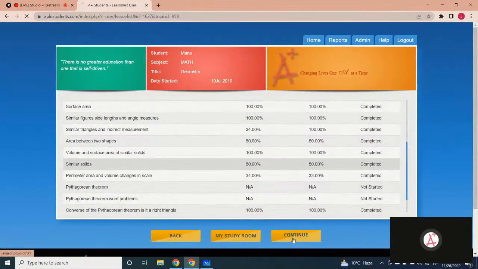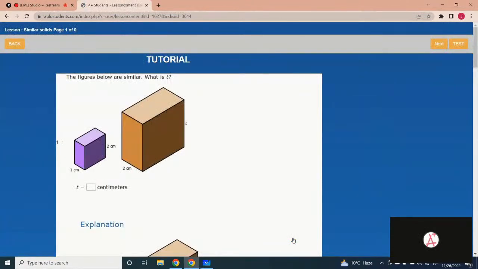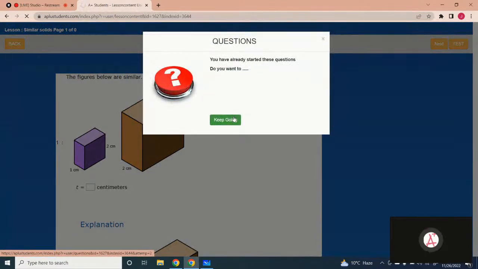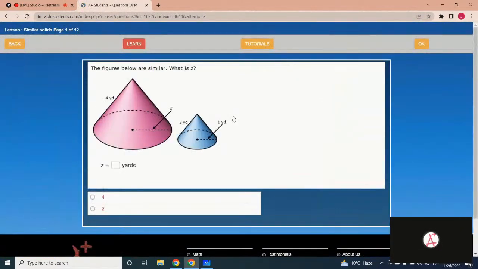Let's start with the test questions from the topic similar solids so that you can do practice questions.